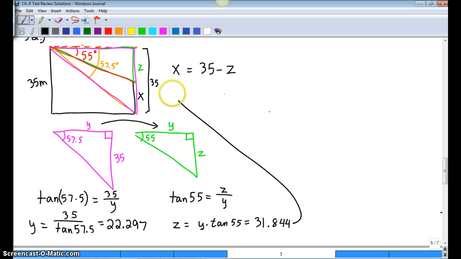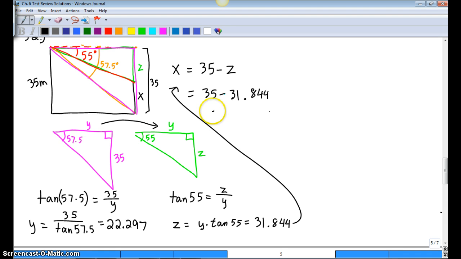If we bring that up to this equation, x is equal to 35 minus 31.844. Again, in my calculator, I can just type 35 minus and then the second negative key to get my answer.